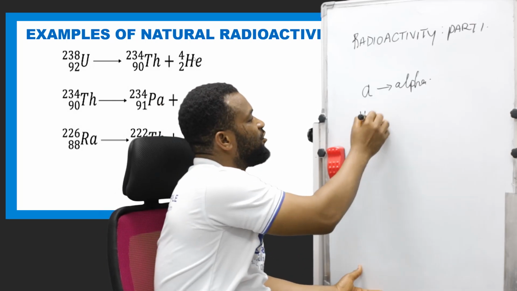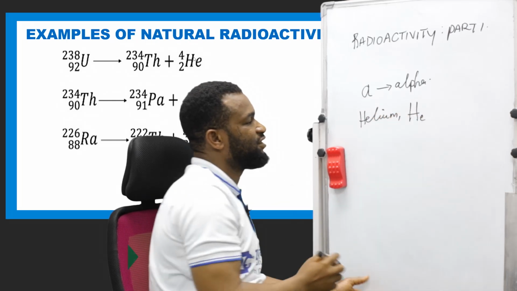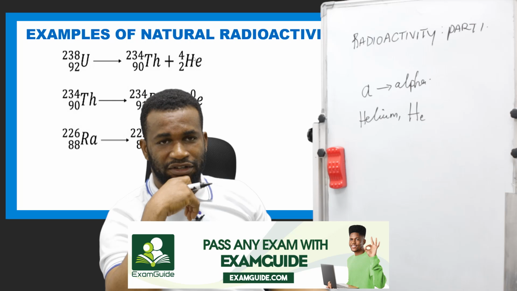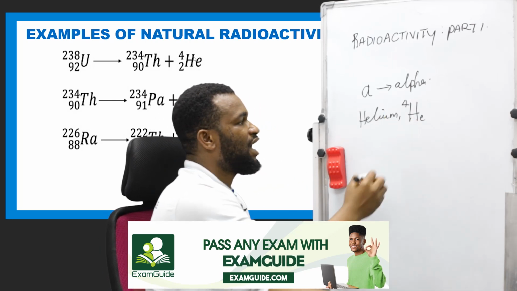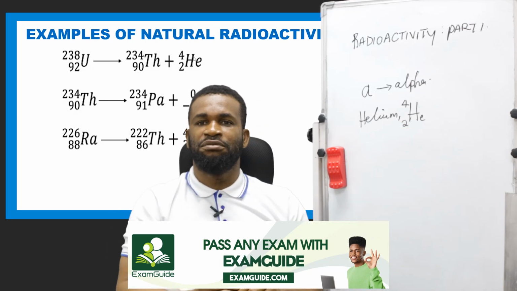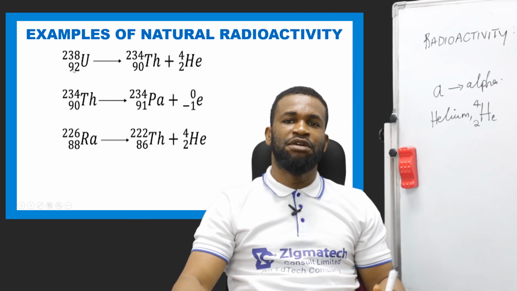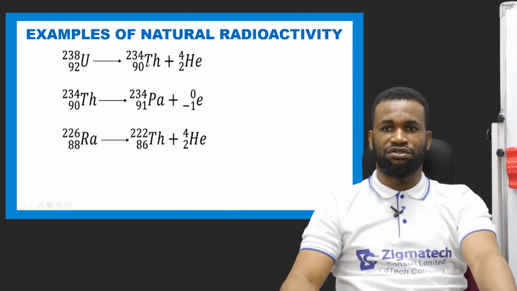This is the symbol of helium, with atomic mass of 4 and proton number of 2. So when helium is emitted from uranium, a new element is formed, which is called thorium.